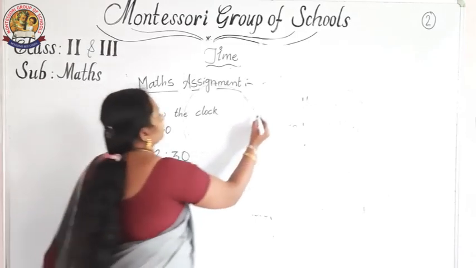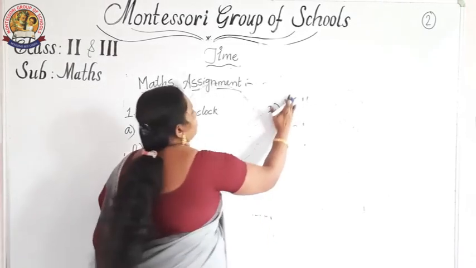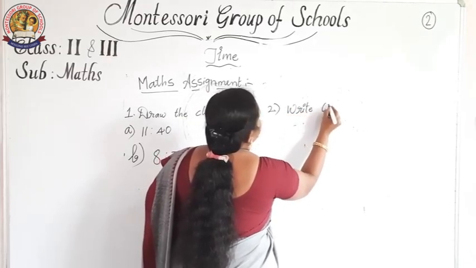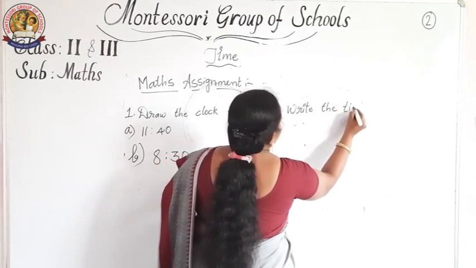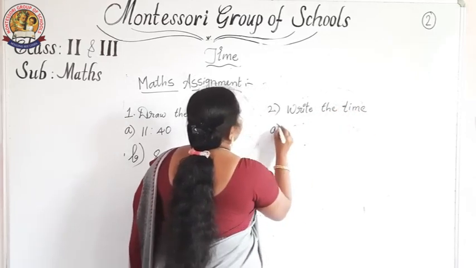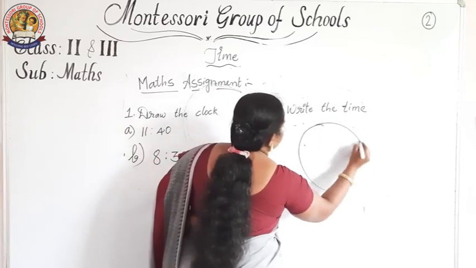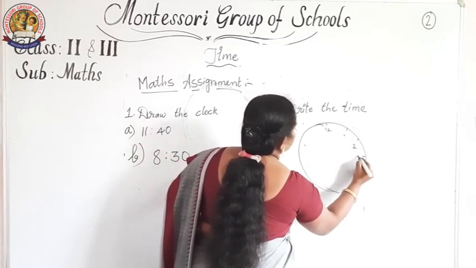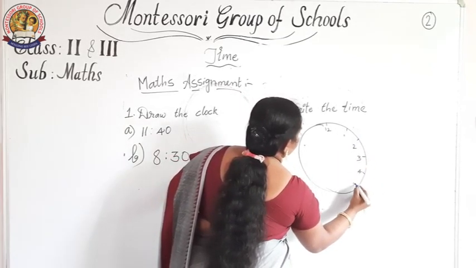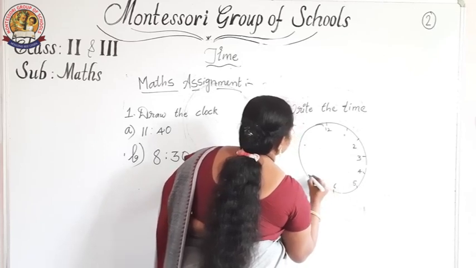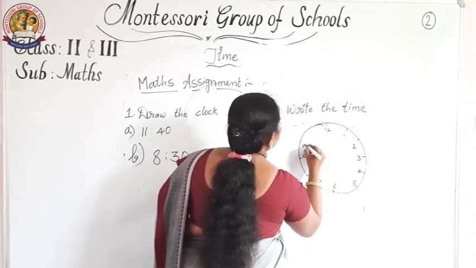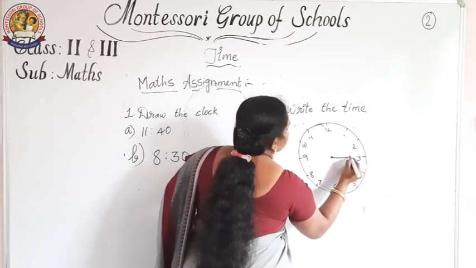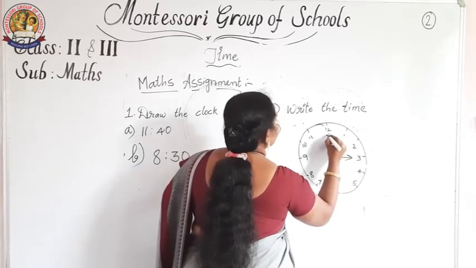Okay, now next. Second one, write the time. Now what is the time? Right, 1 2 3. Now this is the short hand and this is the long hand.